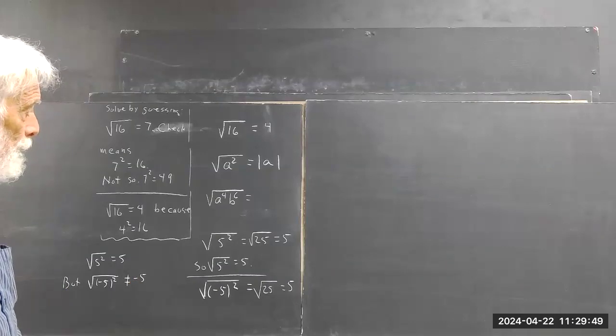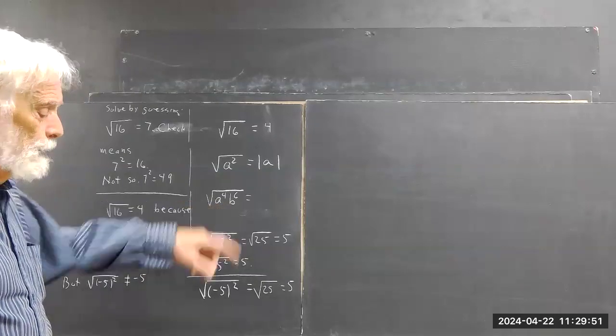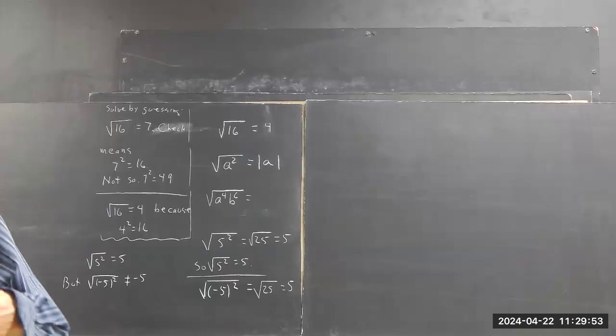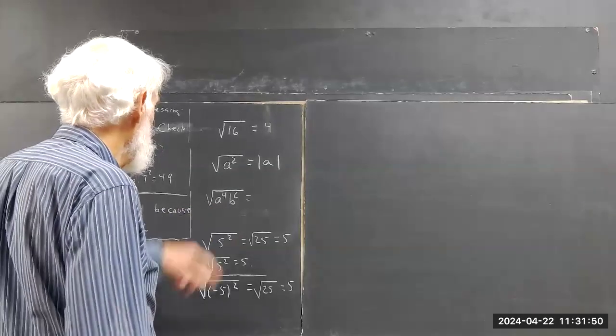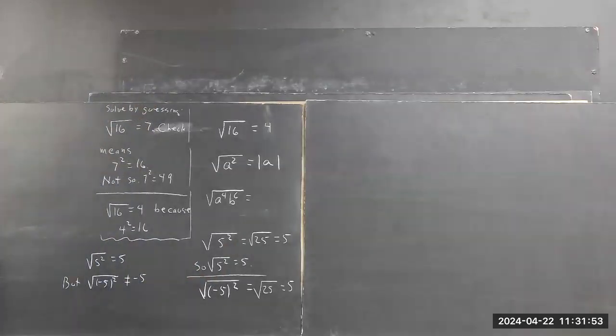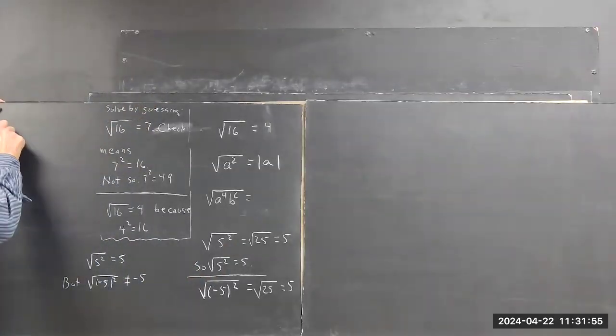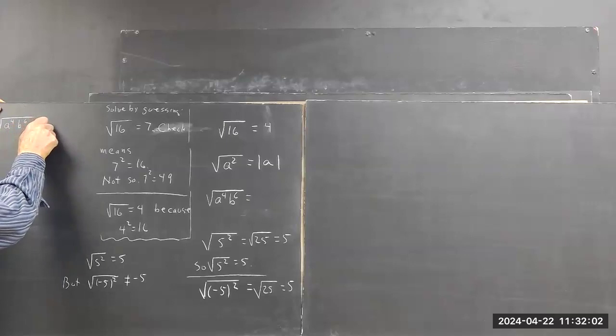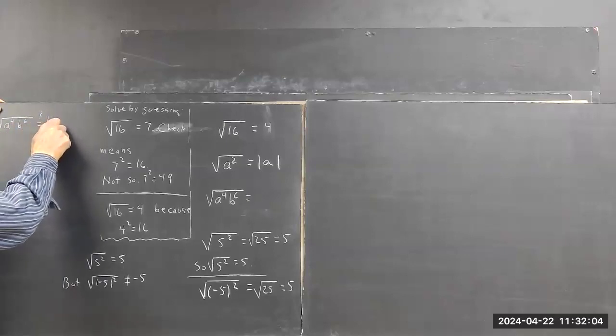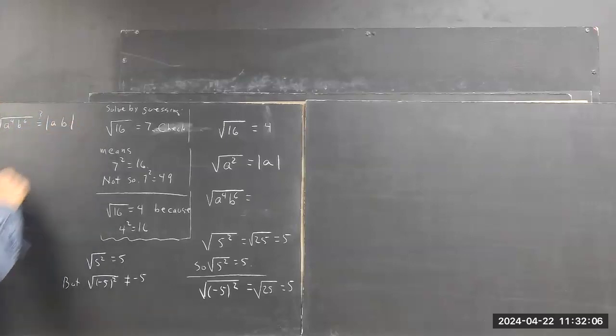Now, what about the square root of a to the fourth, b to the sixth? What would you multiply by itself to get a to the fourth, b to the sixth? One answer I've seen is the absolute value of AB.